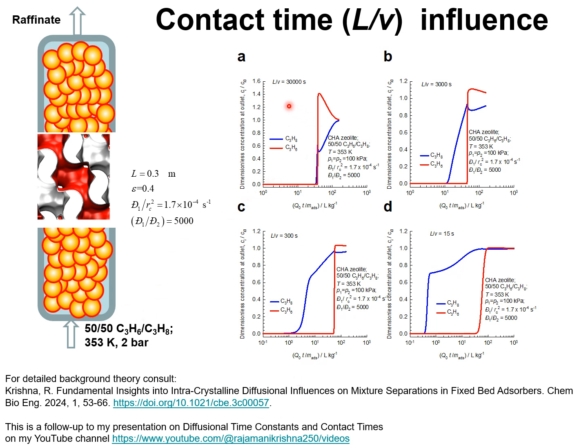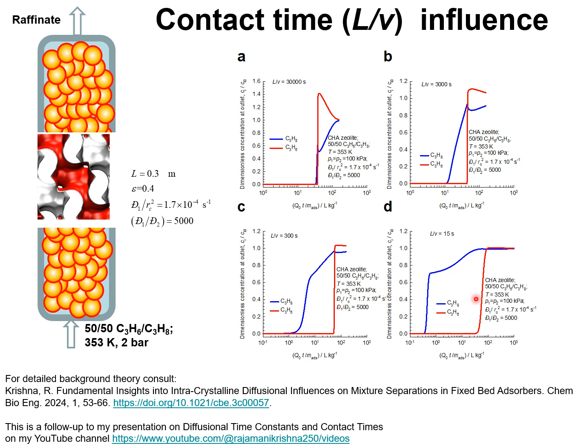The contact time is the length of the fixed bed L divided by the interstitial gas velocity V. The simulation here is for a contact time of 30,000 seconds. This is for 3,000 seconds. This is for 300 seconds.